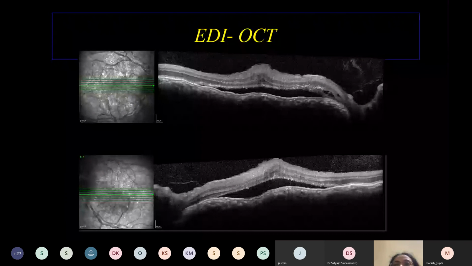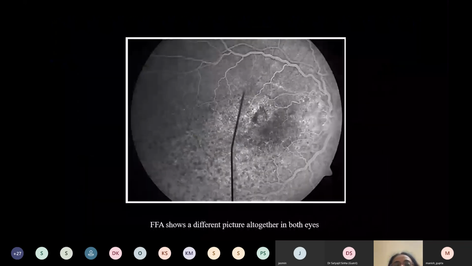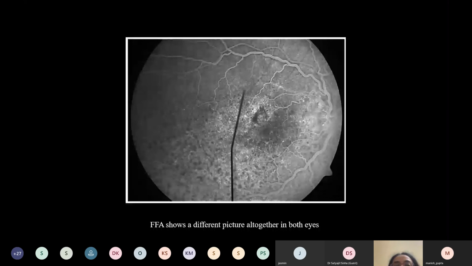When we do the OCT, we do see subretinal fluid. So any subretinal fluid, as I said before, is not VKH. And when we confirm on fluorescein angiography, the right eye practically shows nothing much except some kind of pigmentary changes.